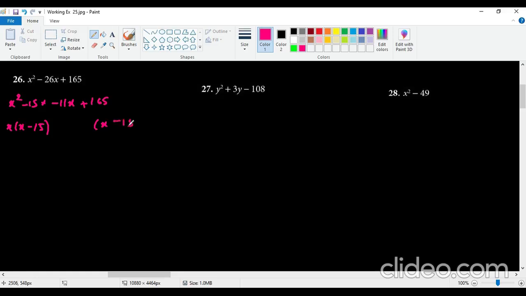Now look at the third term. Already I have x, so minus 11 will be written. So x minus 11 and x minus 15 is going to be the answer for question number 26.